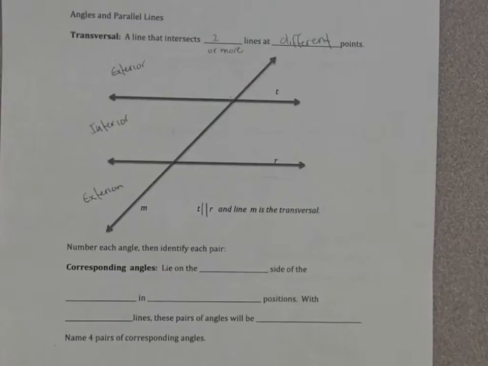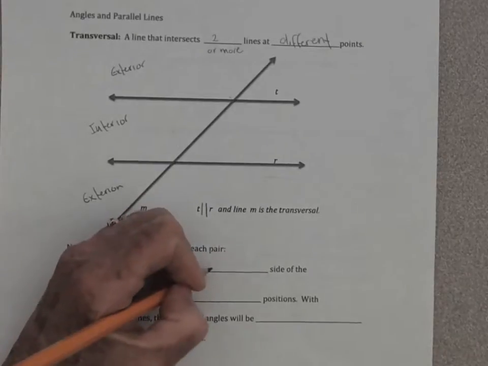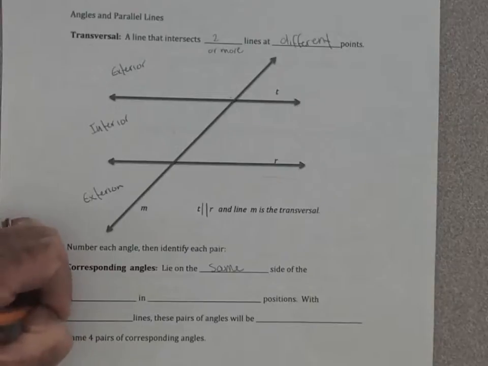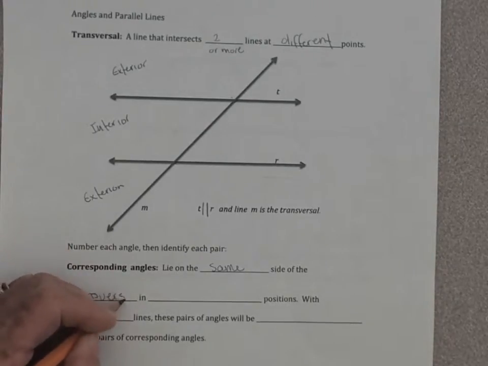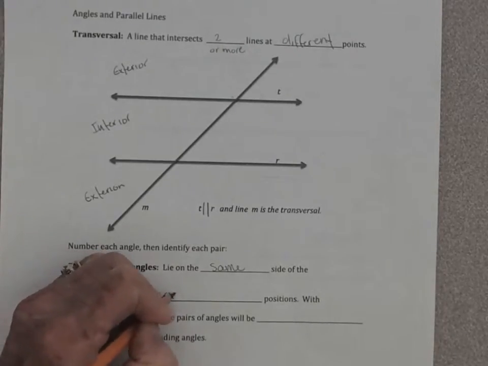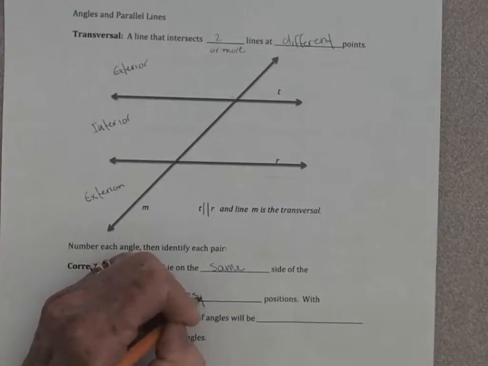So now in the case when they're parallel lines, then we have corresponding angles and they lie on the same side of the transversal, in corresponding positions. We talked about corresponding angles and corresponding sides.